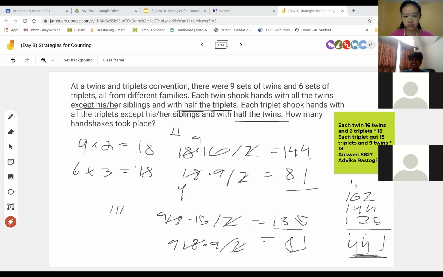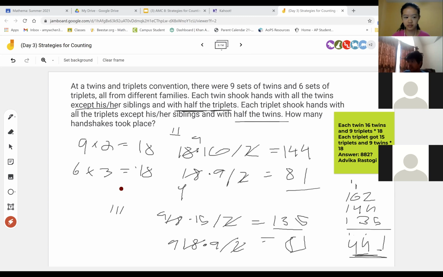Okay. So for 18 times 16, you can't shake hands with yourself or your twin, so it's only 16. So for the triplet and twin part, would it be okay if I did 16 plus 9 times 18? Yeah. Anyway, then we have to divide by 2 to get rid of the duplication, right? I think we explained why this duplication is there pretty in depth.